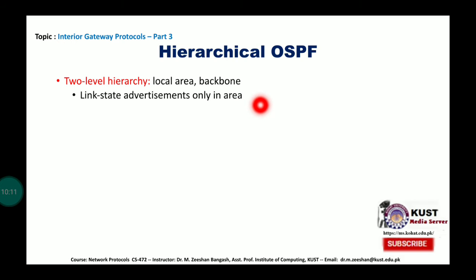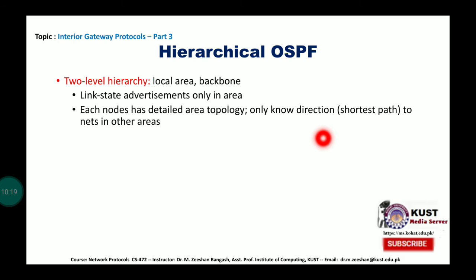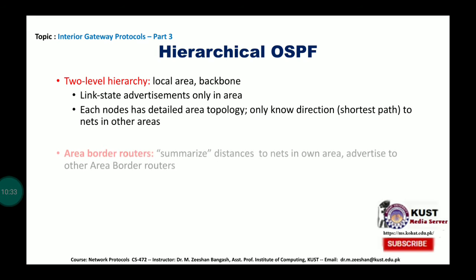This is the specific information that the LS packet dissemination takes place only in a particular area, and each node has a detailed area topology, and they only know the direction to nets in the other areas. That is, they know the shortest path information to the other areas.